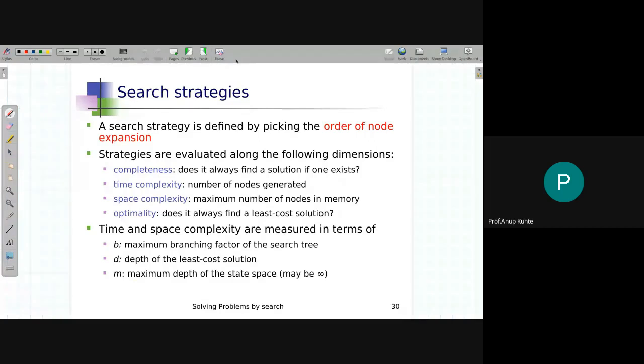Now, what is maximum branching factor? Yesterday we talked about the 8 puzzle problem, and I told you that since the 8 puzzle works in a 3 cross 3 grid like this, if the space is at the center, I may have 4 next states corresponding to these 4 actions. So my branching factor for such a state where space is at the center would be 4, because I'm forking into 4 child nodes or 4 successors.